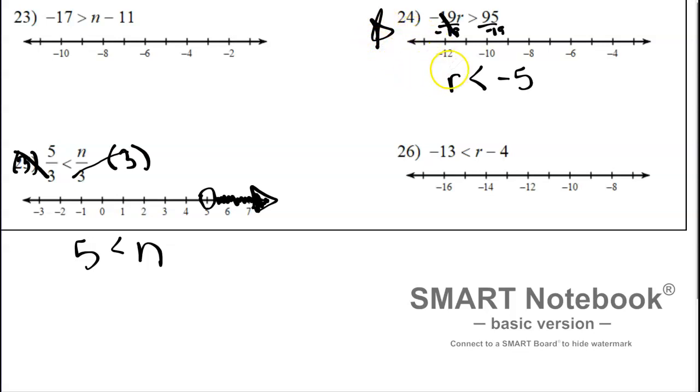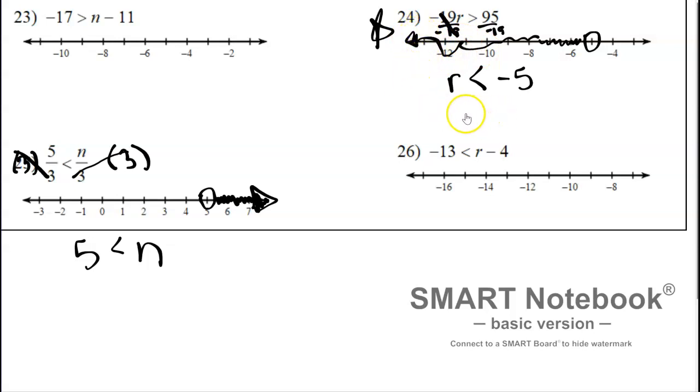If not, you can work with it. But just remember, when you multiply or divide by a negative, the sign switches. So let's go ahead and go to -5 right here. Open or closed, it's open. And any number less than, so I would go this way.